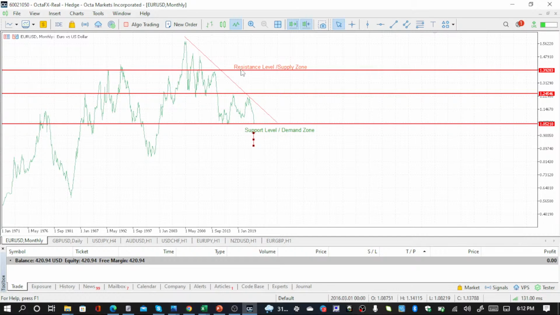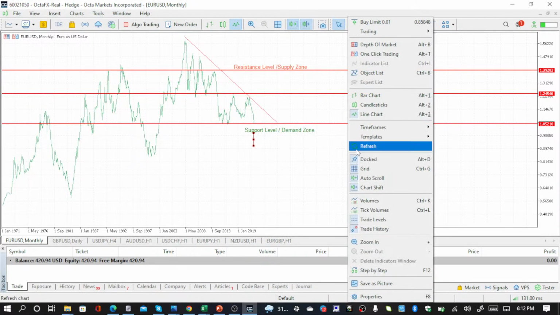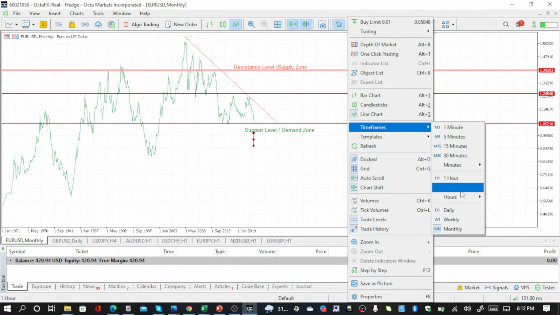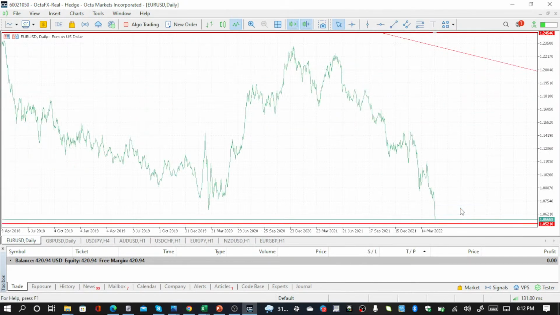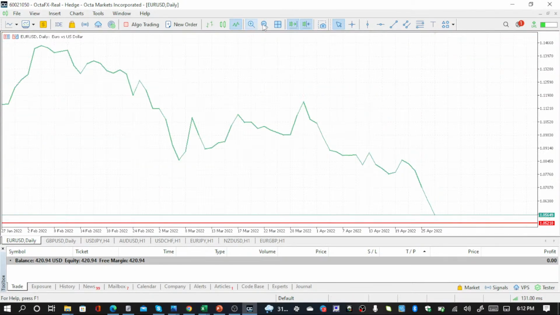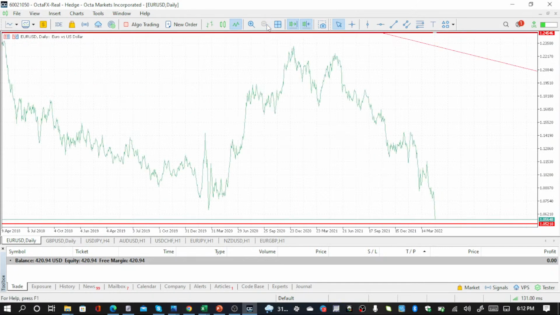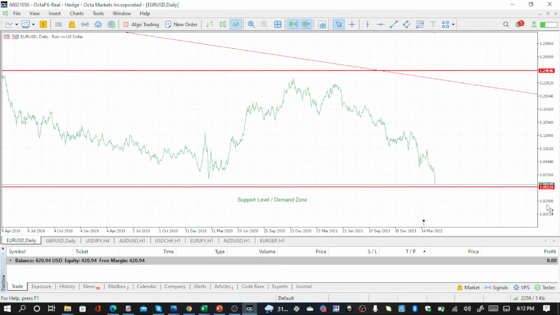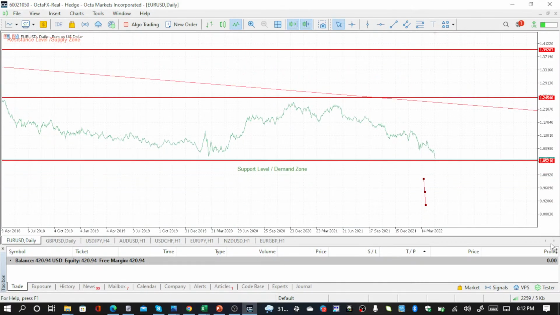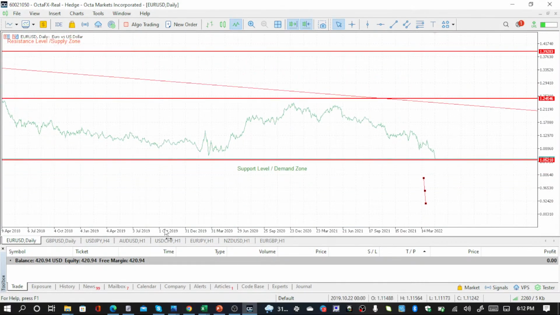Now let's look at the daily time frame. Now you can see what is showing on the daily time frame here.